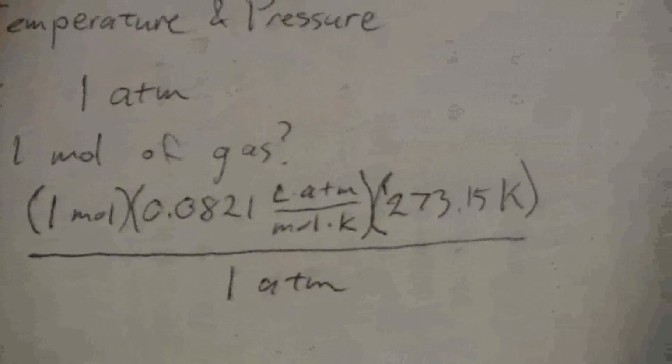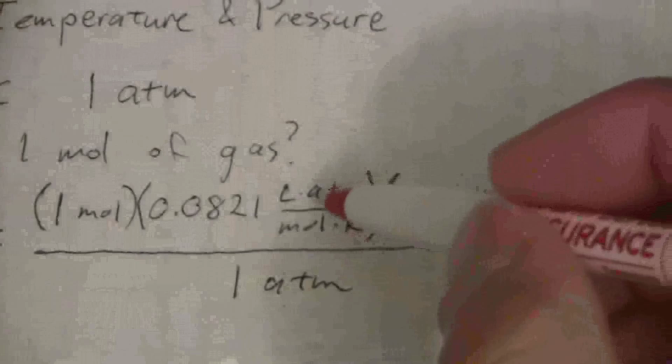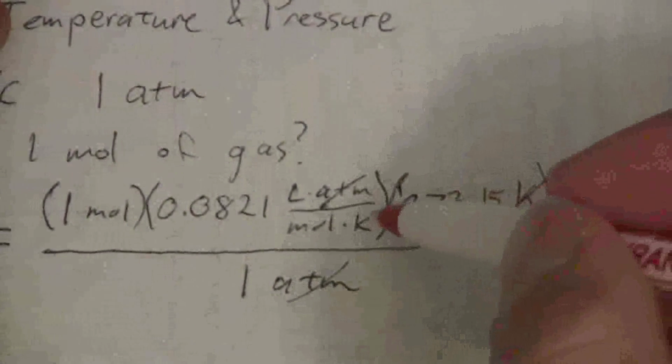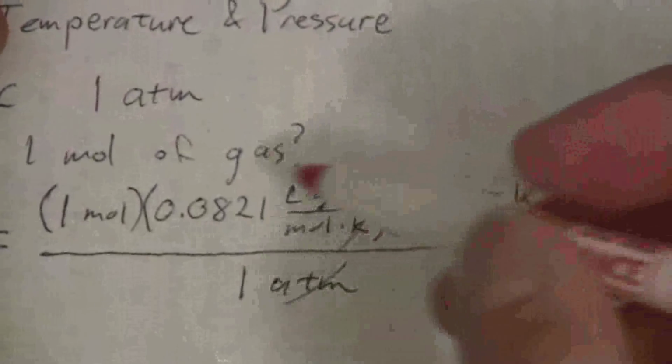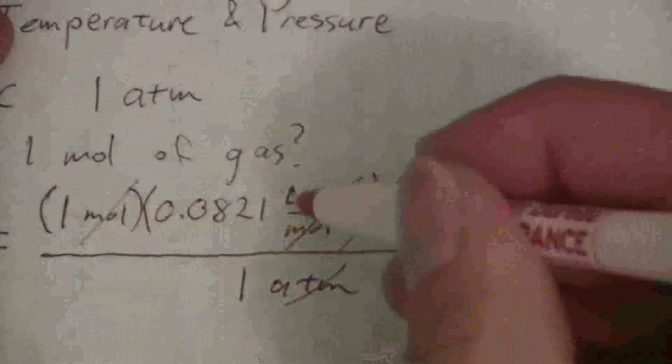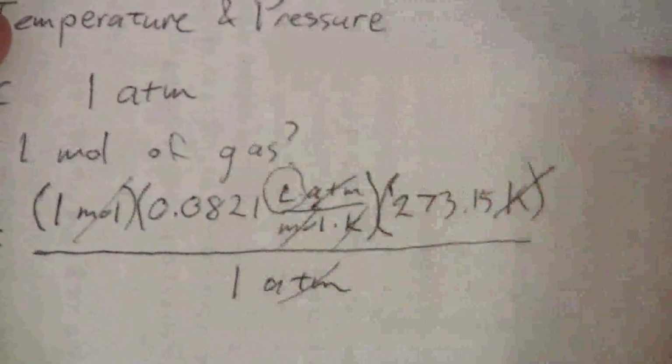So units-wise, we have atmospheres on top and bottom, Kelvin on top and bottom, and moles on the top and the bottom. So we end up with liters.